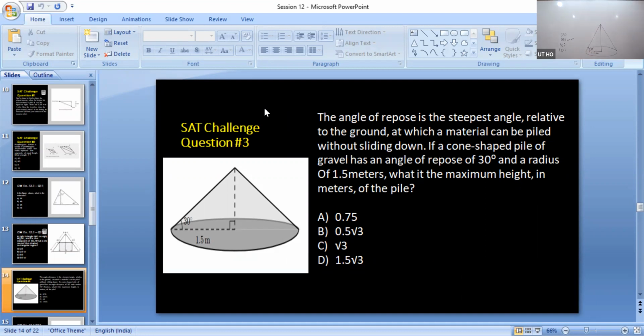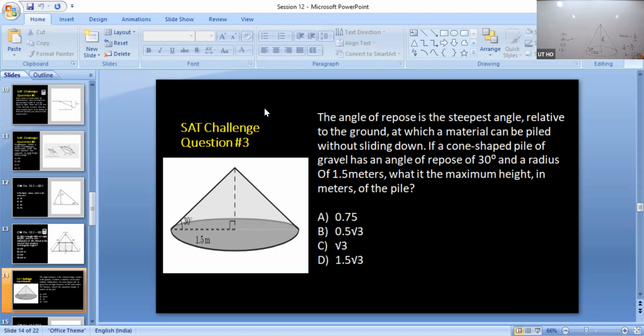So maximum height means this is h. Okay, so in this triangle, tan of 30. Okay, so tan 30 is opposite upon adjacent. So h by 1.5, adjacent is 1.5. So it will be 1 by root 3 equals to h by 1.5. h will be equals to 1.5 upon root 3.